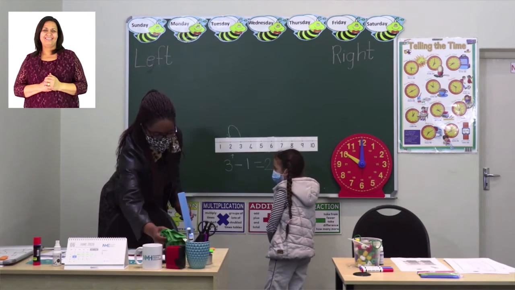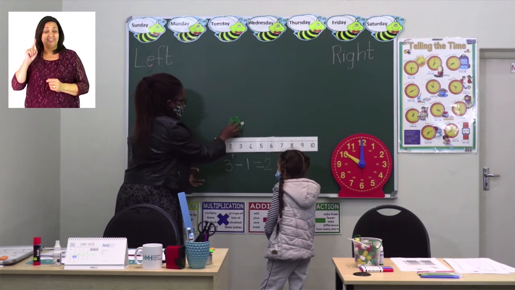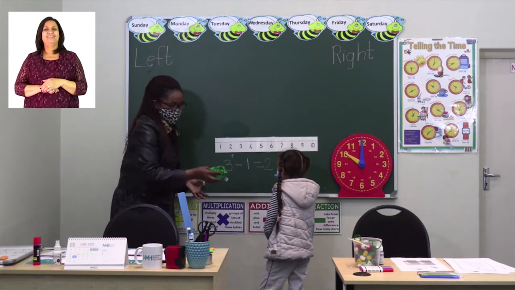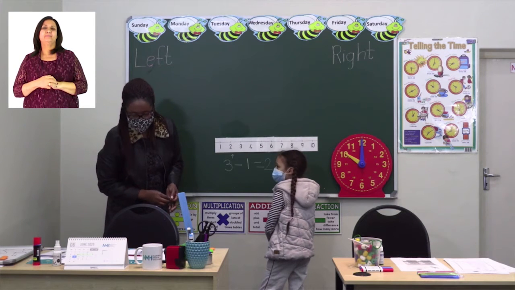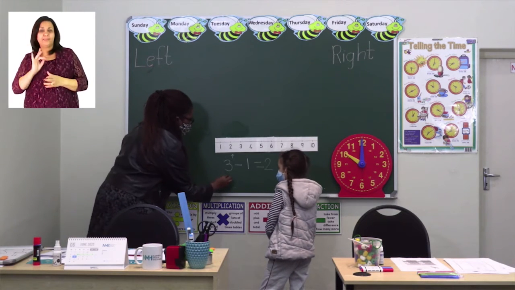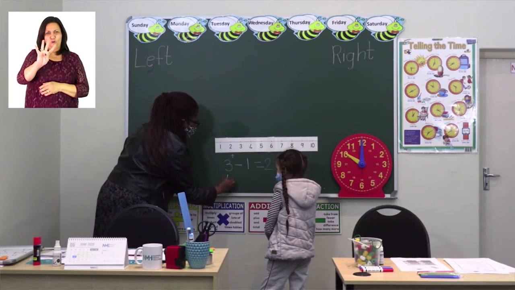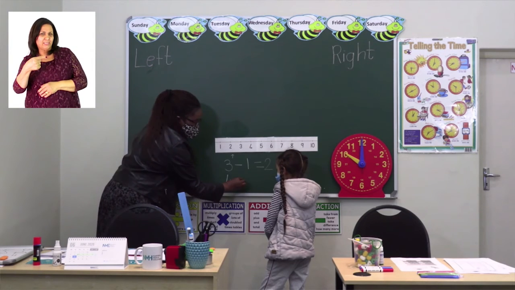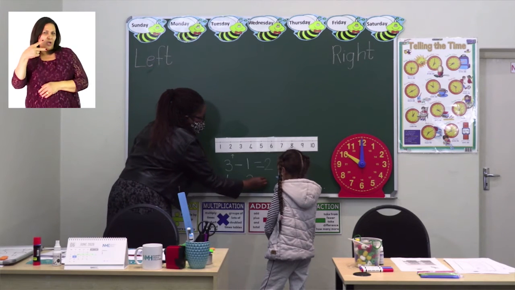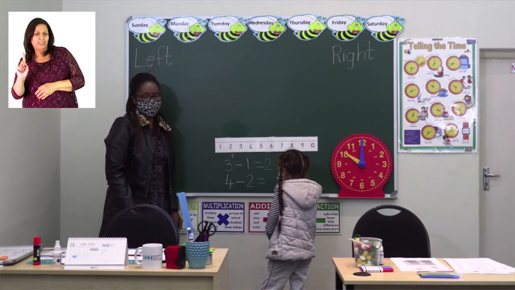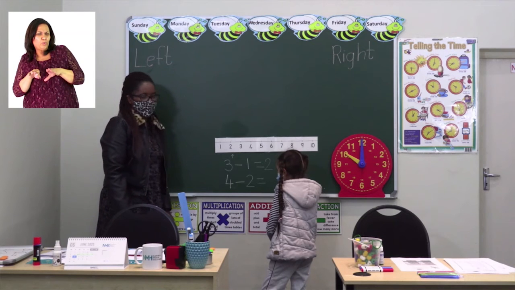Let me demonstrate the next number so that we can be able to understand. On page 28 of our booklet, it says 4 minus 2 equals. How are we going to find the answer?